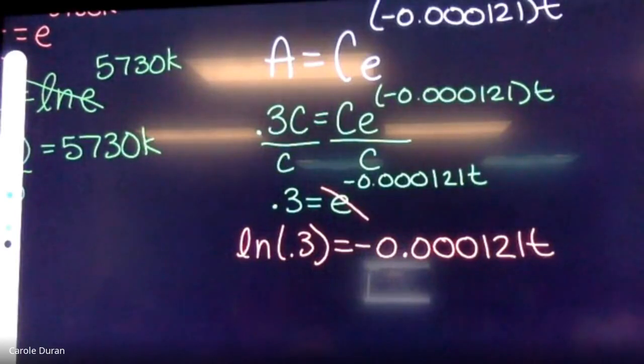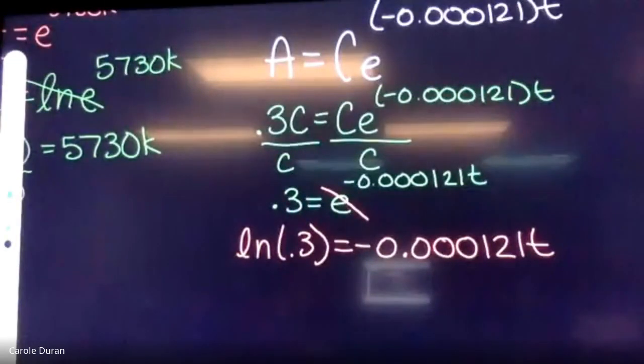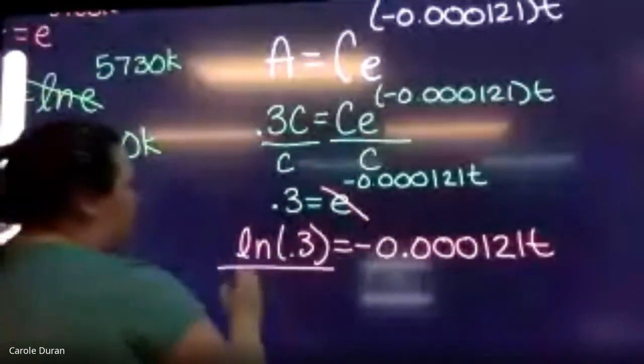Miranda, what am I going to do next? Divide by what? Yep, I'm going to divide that ugly decimal in front of my T out from both sides to get the T by itself, and then I can just plug it into my calculator.